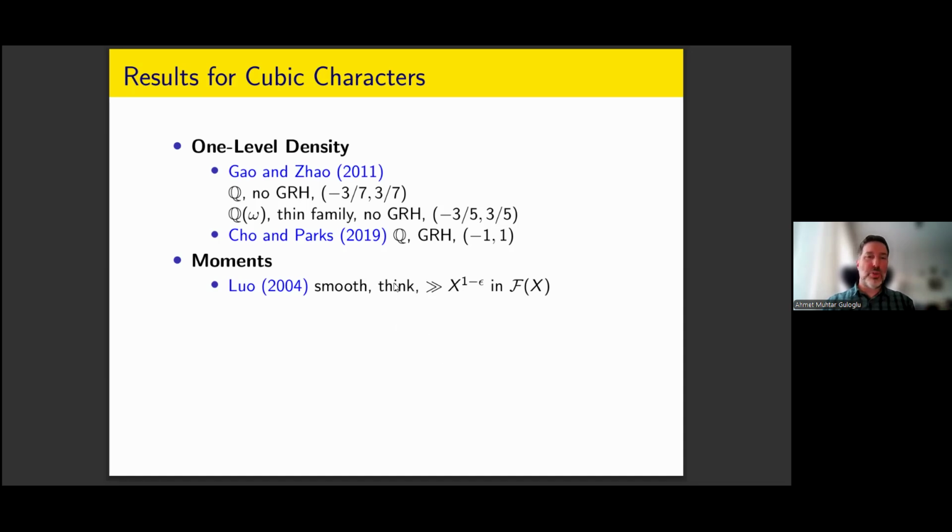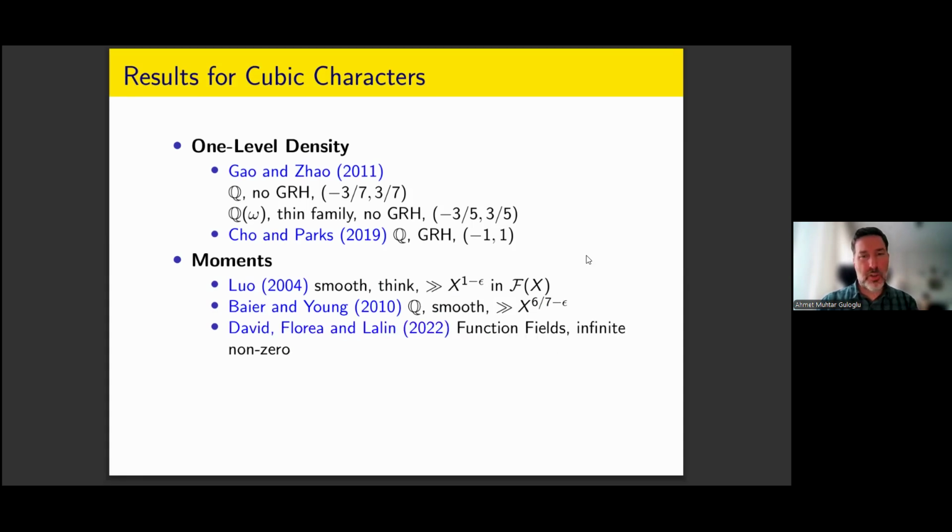Okay, and then he showed that in this thin subfamily, there are infinitely many L-functions which are non-vanishing, but as you can see, the size of the family itself is X, and this is little o of X. Therefore, you cannot show a positive proportion of non-vanishing again using moments. Baier and Young also get a similar result. Again, we have an infinite number. But these results at the bottom are unconditional, so they don't require GRH.